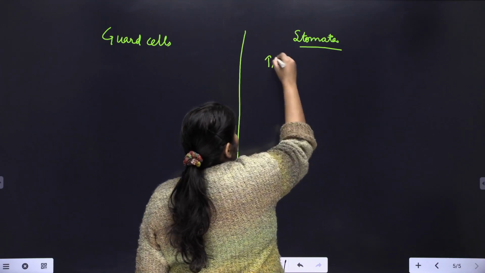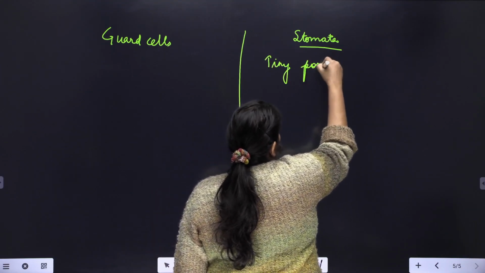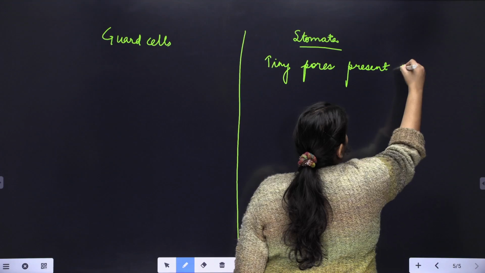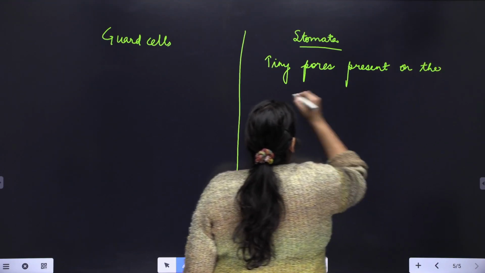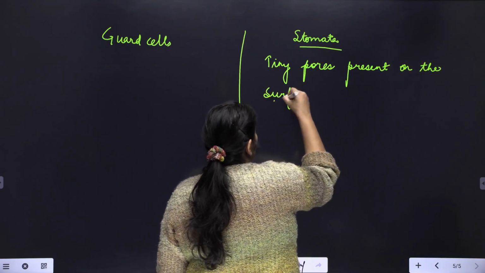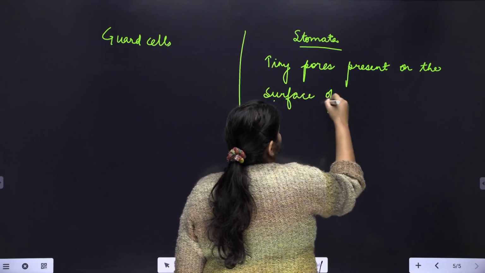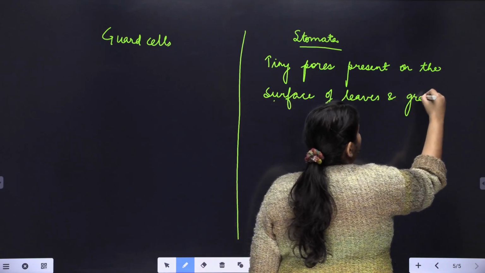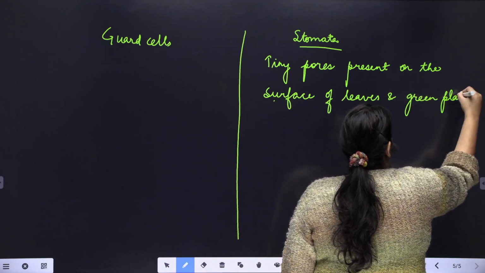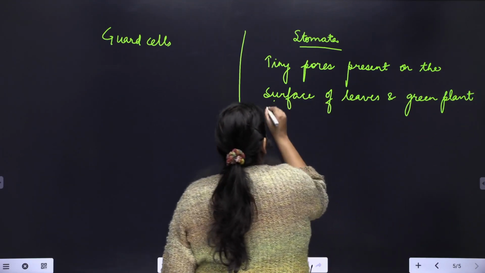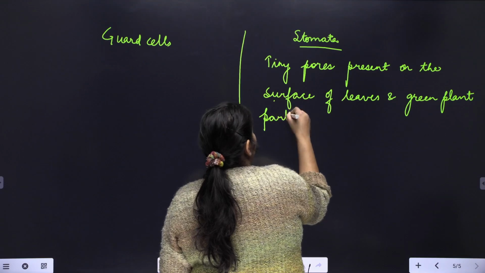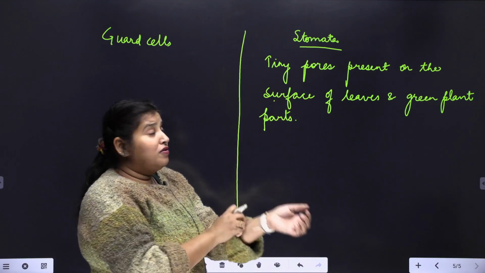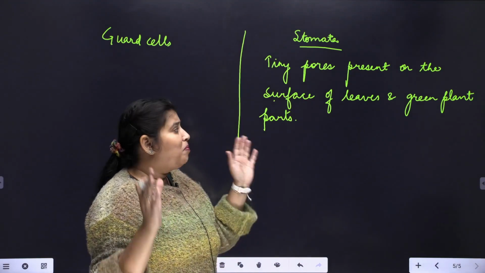Tiny pores present on the surface of leaves and green plant parts.